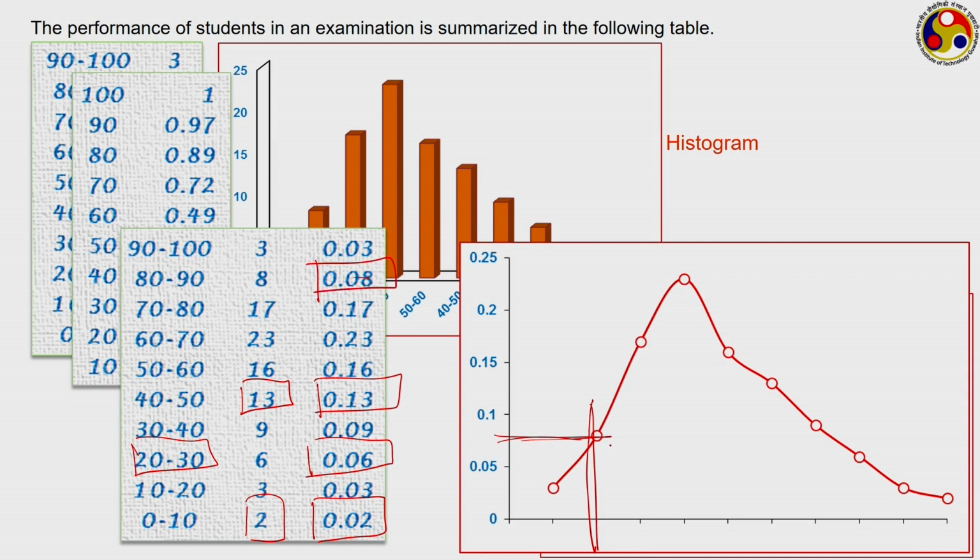That means, if we have this horizontal axis properly denoted here, then we can clearly see within this particular interval, which is 80 to 90 in this case, the probability of a student appearing in this interval is 0.08 or 8%. This particular diagram is called a frequency diagram, or often called the probability distribution, because this is giving only the probability of students appearing in a particular interval, or the probability of a data point appearing in a particular interval.